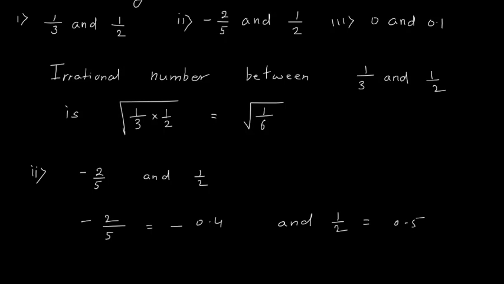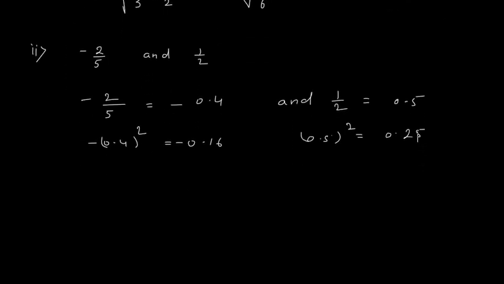The square of this minus 0.4, I will keep the negative sign out, 0.4 square is 0.16, and the square of this 0.5 is 0.25. Now a number between 0.16 and 0.25 I can take.